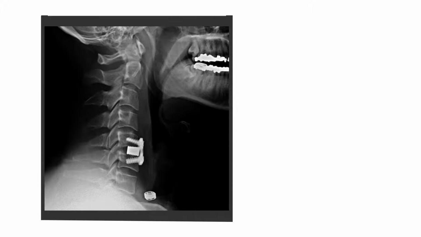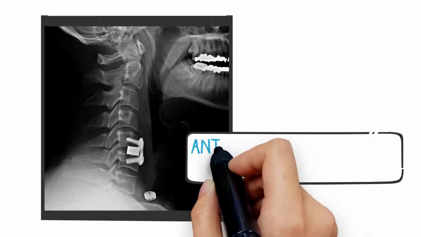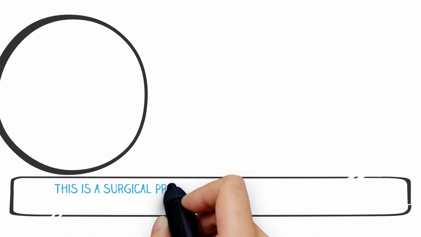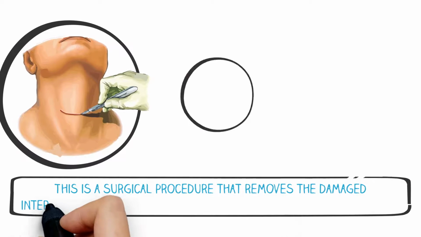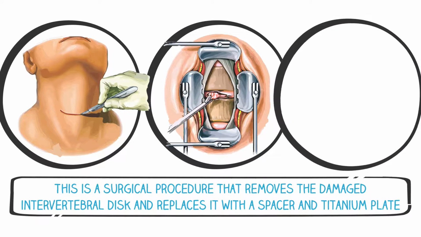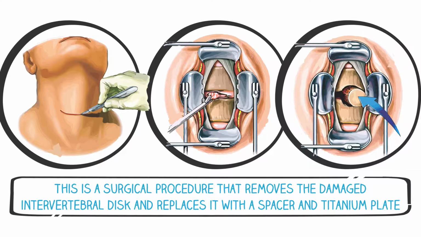The standard operation for a herniated cervical disc is something called an anterior cervical discectomy and fusion. This is a surgical procedure that removes the damaged intervertebral disc and replaces it with a spacer and titanium plate, stabilizing that level.